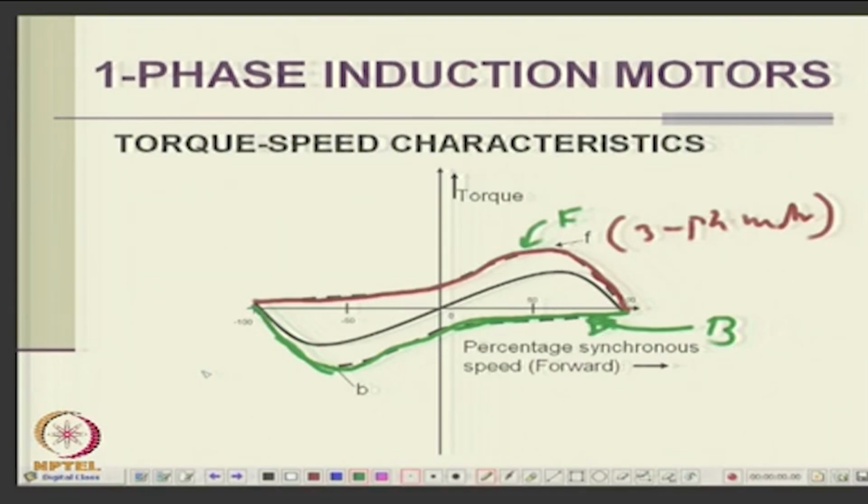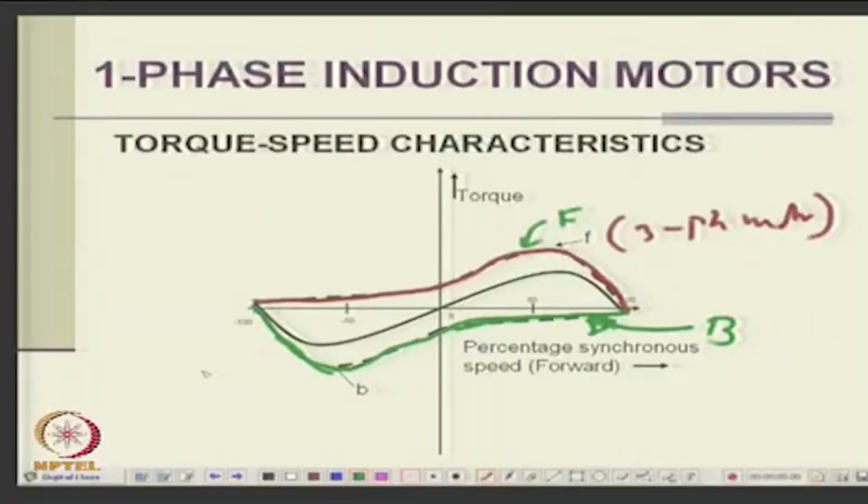One is the forward field, you apply a voltage. Then on the other side you just reverse the phase sequence, and then cumulatively you have this resultant field, resultant torque.